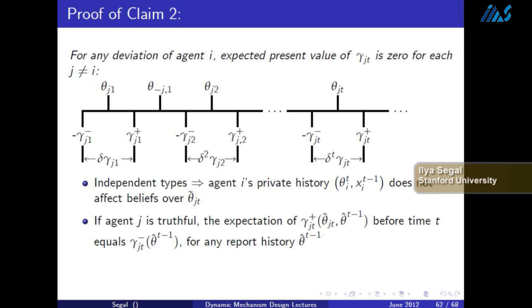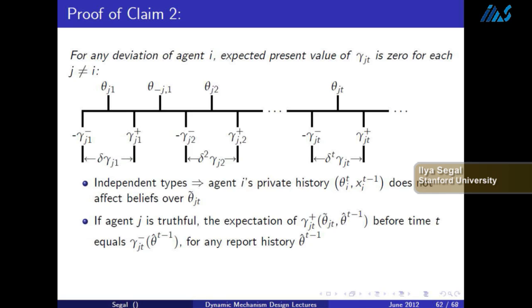So if agent J is expected to report truthfully, then by the law of iterated expectations, the expectation of gamma plus will be equal to gamma minus. The only difference between gamma minus and gamma plus is that now we take expectation based on new information, and the new information is the report of agent J. Agent J reports truthfully, so on expectation the two terms have to be the same and they cancel each other out.